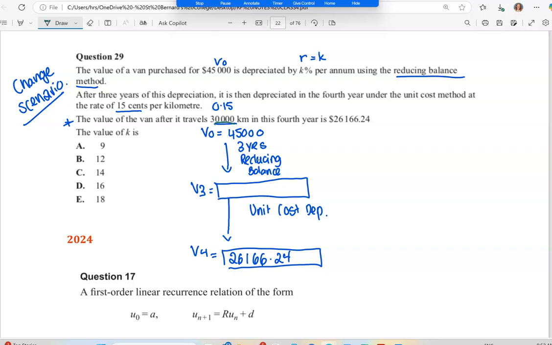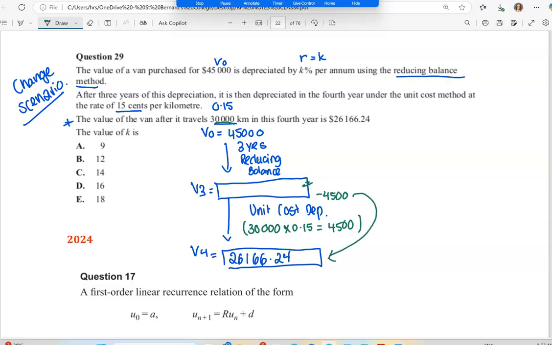So during this year, when it went from this value down to this value, it went for 30,000 Ks. Now at unit cost, you charge it by the unit cost, which was 15 cents. So really that equals 4,500. So what happened was 4,500 was deducted from this amount and ends up being that amount.